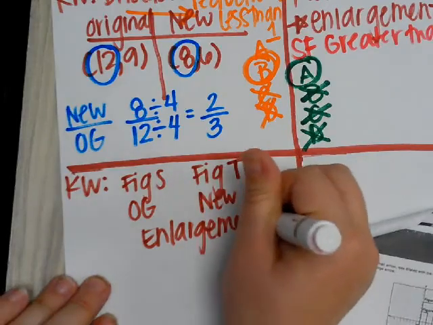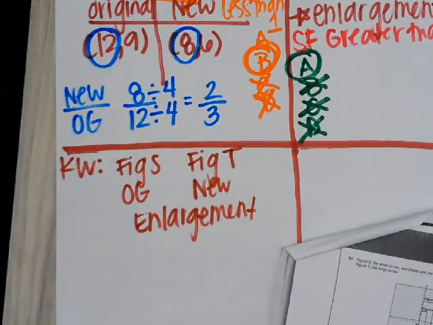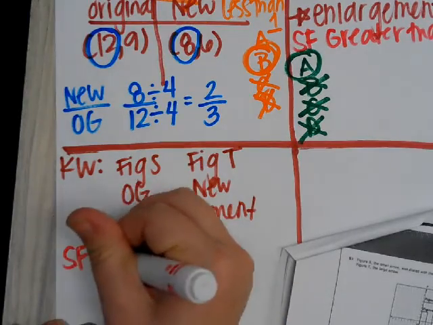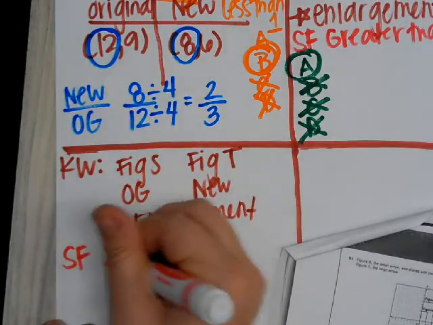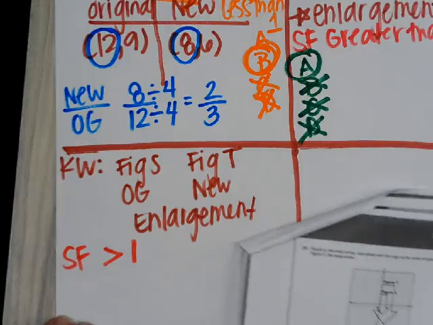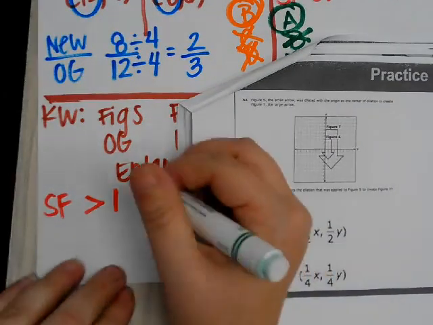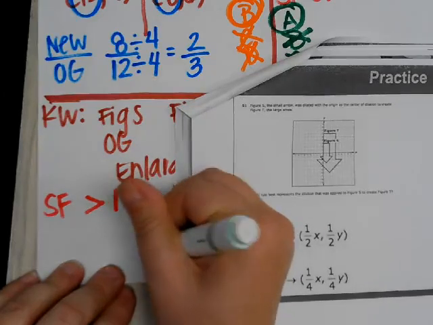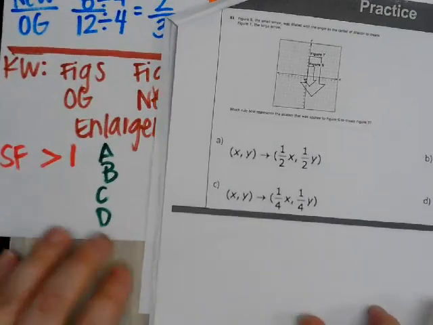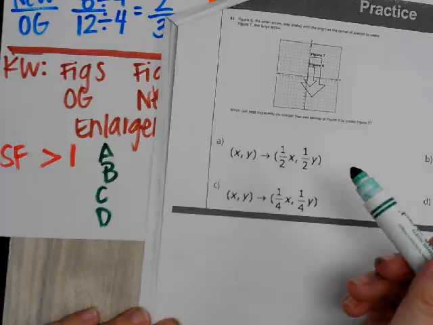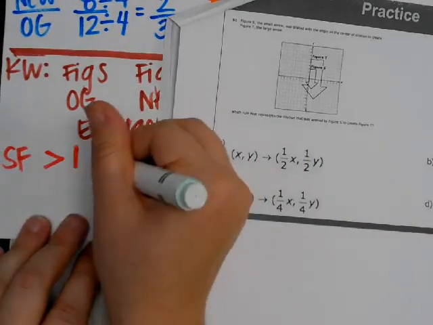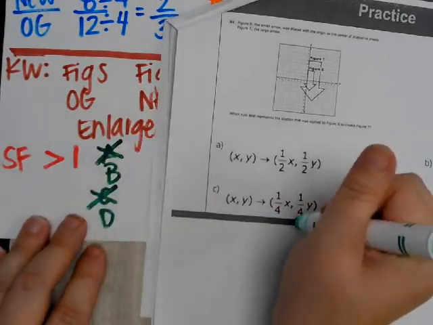So what does enlargement mean, you guys? It's a scale factor greater than 1. Okay, so let's go ahead and look at our answer choices. What can I go ahead and eliminate? I can eliminate right away A and C because these are both smaller than 1.